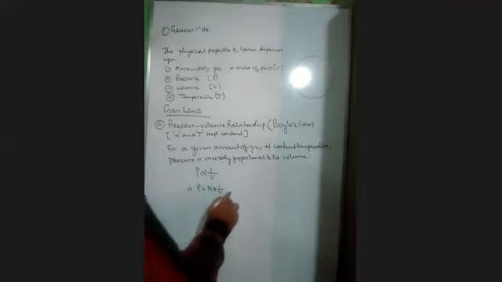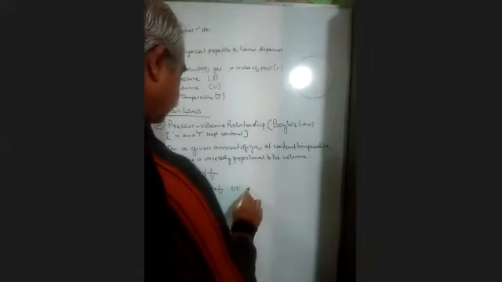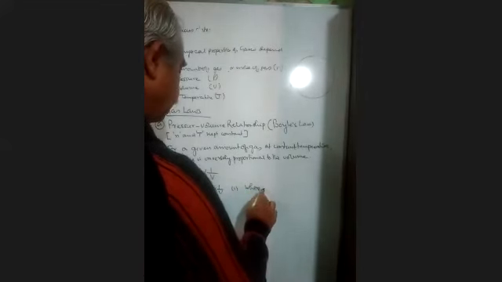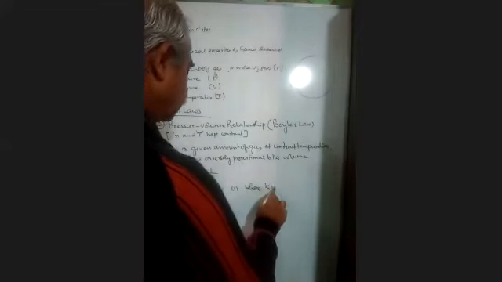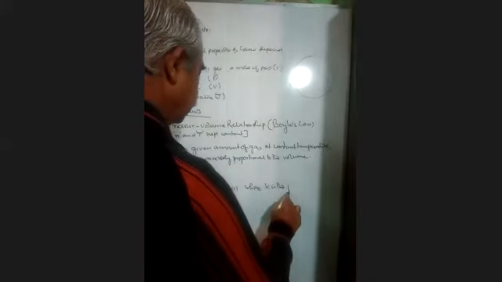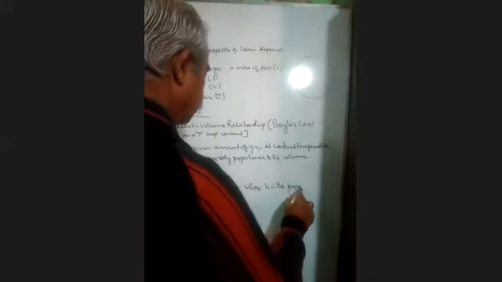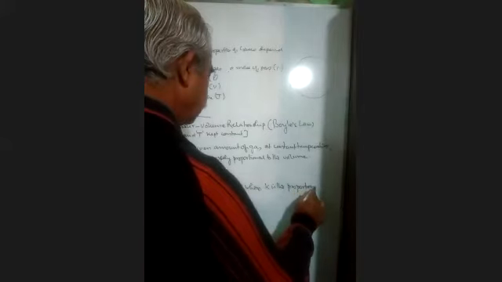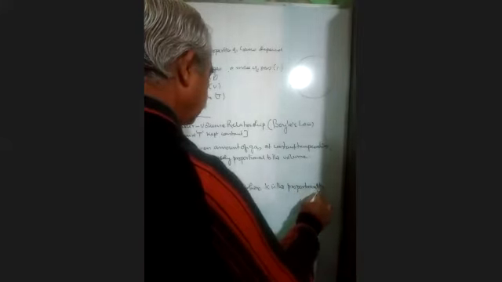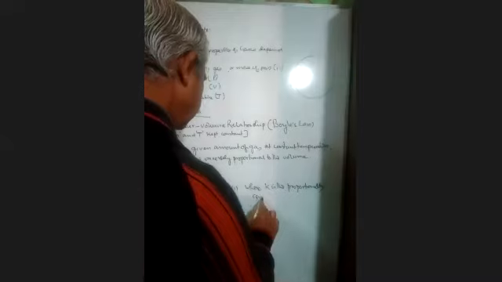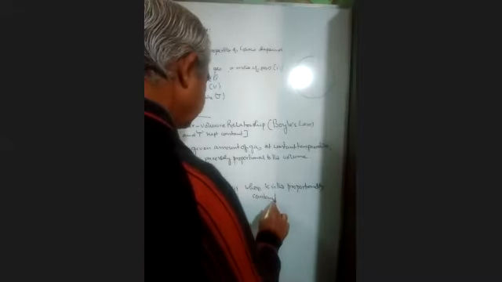Okay. So this is equation 1. Where K is the proportionality constant. You will find in science, in most cases, we write K for the proportionality constant. Out of so many English alphabets, why do you put K?